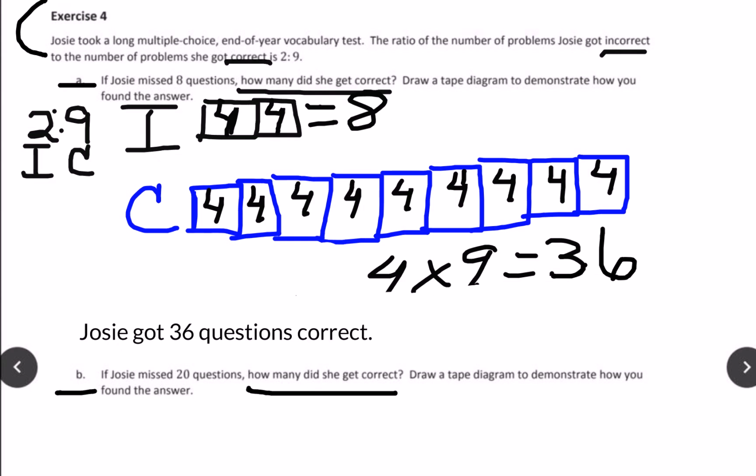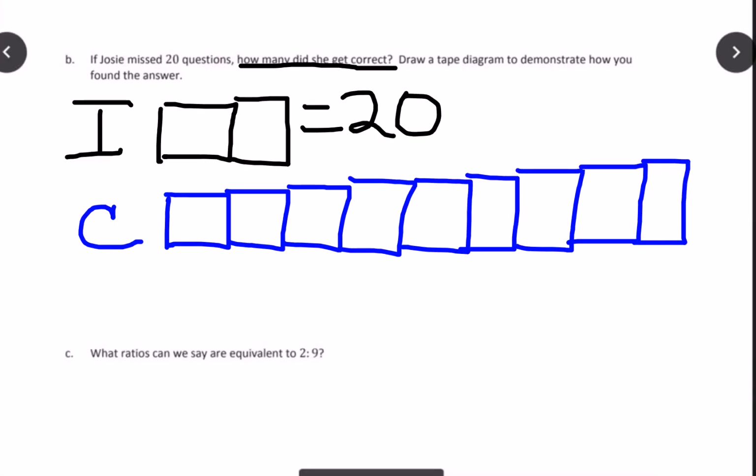So we'll draw the same number of boxes right below here. And instead of doing 8 for the incorrect, we'll do 20. Take a minute and do that while I do it on mine. Okay, if you have 20 for incorrect, because missed questions means incorrect, then if you did 20 divided by 2, you would get 10 for each one. The rule is, of course, in tape diagrams, if there's 10 in one box, there's 10 in all the boxes.